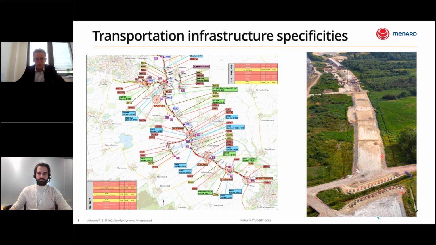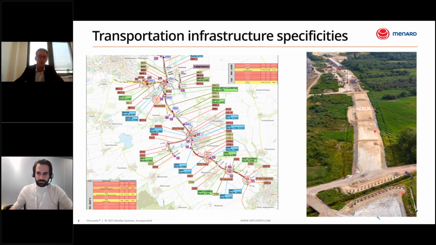Very often, the technical specifications are much more stringent close to bridges than away from the bridges.